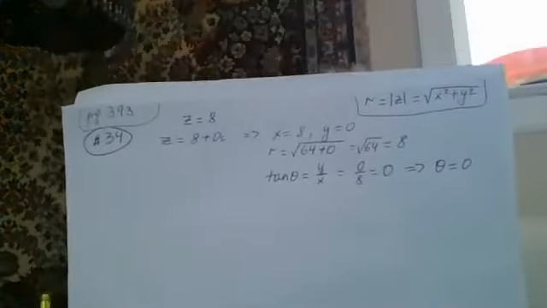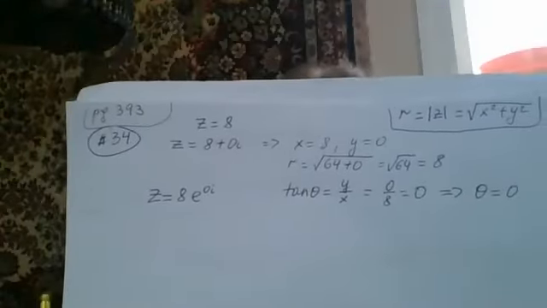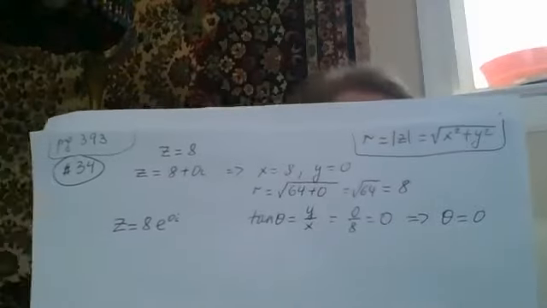So solving this easy trigonometric equation, I am getting arc tangent of 0, which means it is 0 radians. So my number z in the polar form will look as 8 times e to the 0 times i, or i times 0, up to you. I converted this into polar form. I had algebraic form, now it is a polar form.